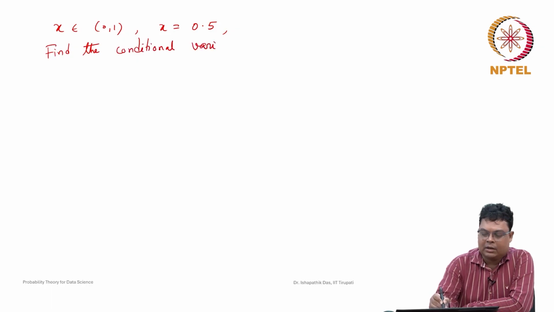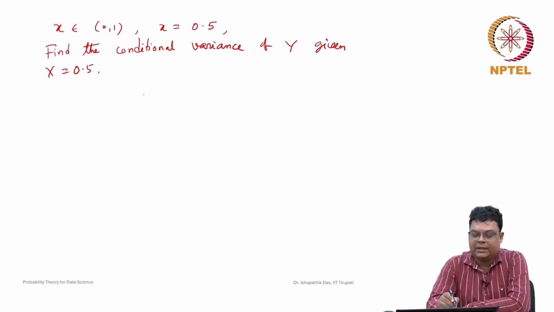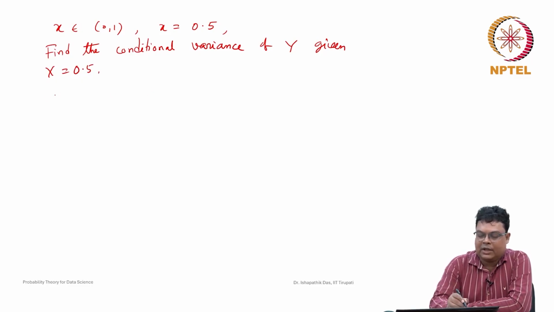conditional variance of y given x equal to 0.5. If you want to find this, by definition the conditional variance is the variance of y given x equal to 0.5.